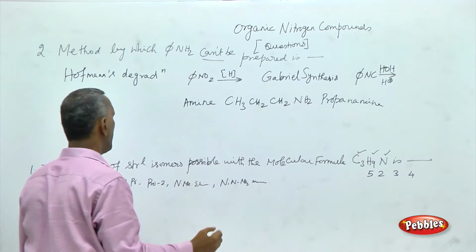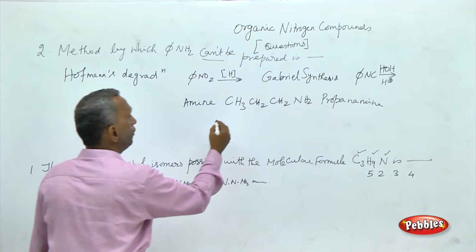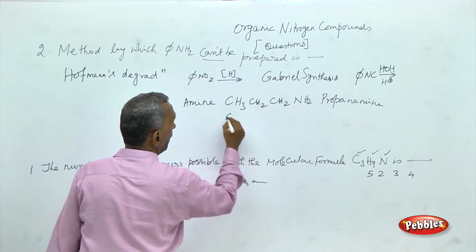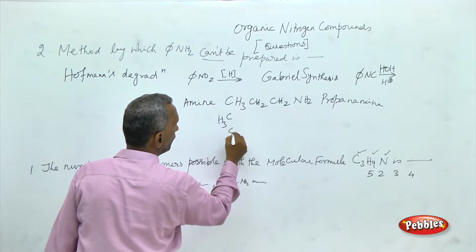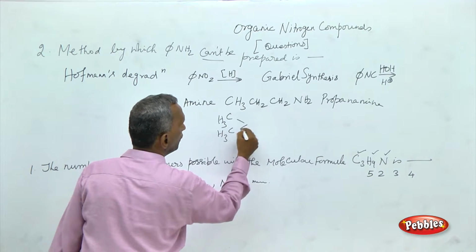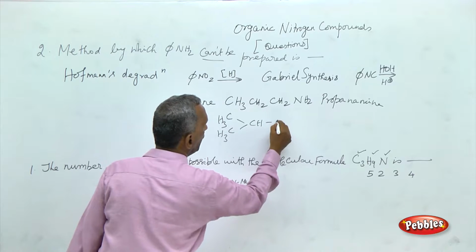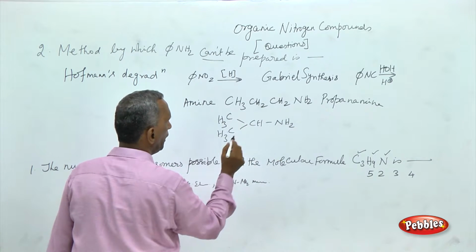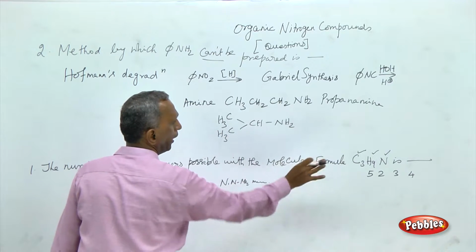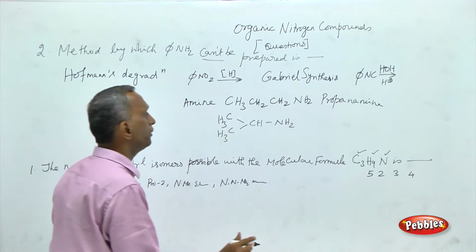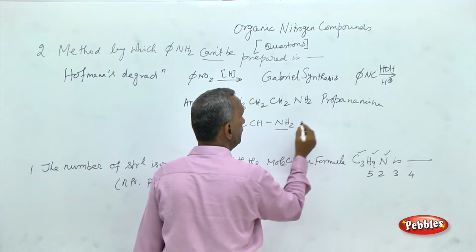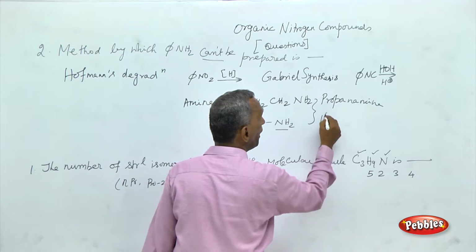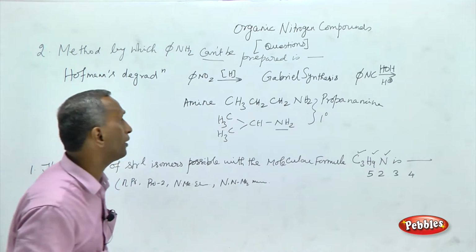Now it can be written as isopropylamine, CH3CH(NH2)CH3. Here also 1, 2, 3, C3; H 3, 6, 7, 9, H9; N. This is also isopropylamine. There are 2 primary amines possible for this system.